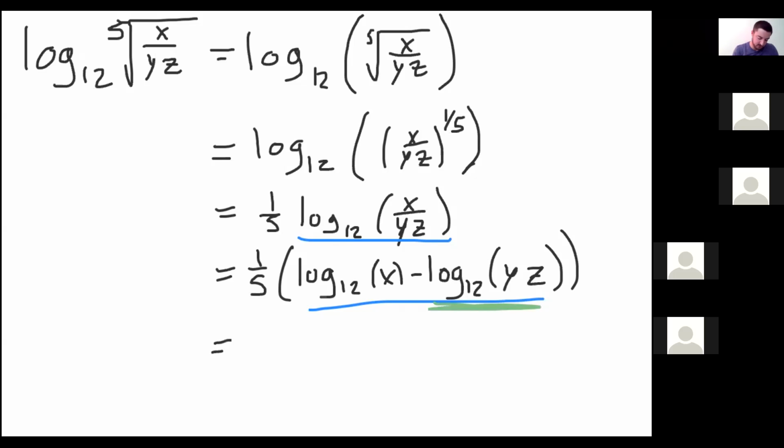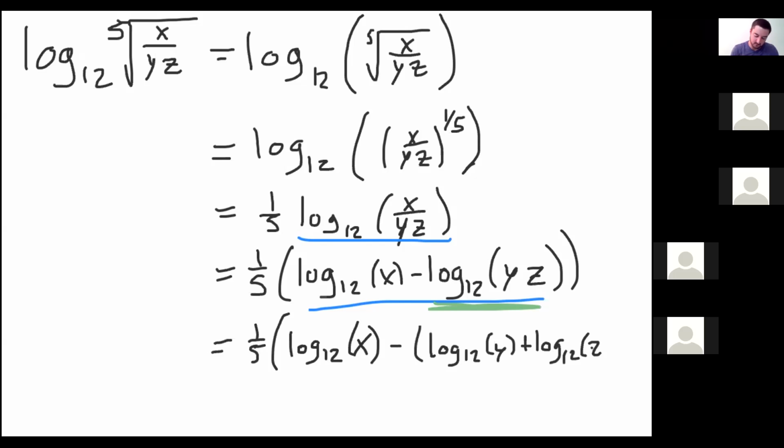So I guess I'll leave that 1/5 out front for now. So then I have log base 12 of x, and I got to be subtracting what log base 12 of y times z becomes, which is log base 12 of y plus log base 12 of z.